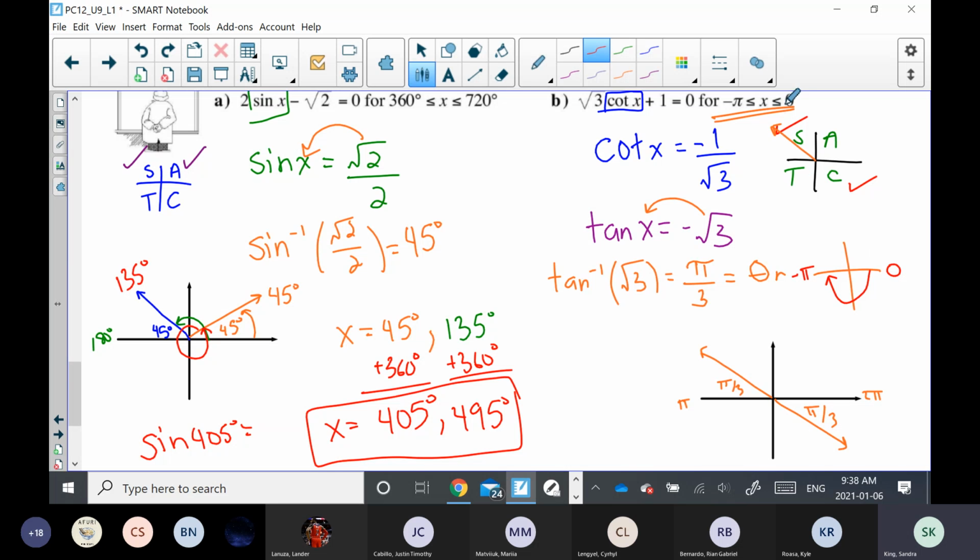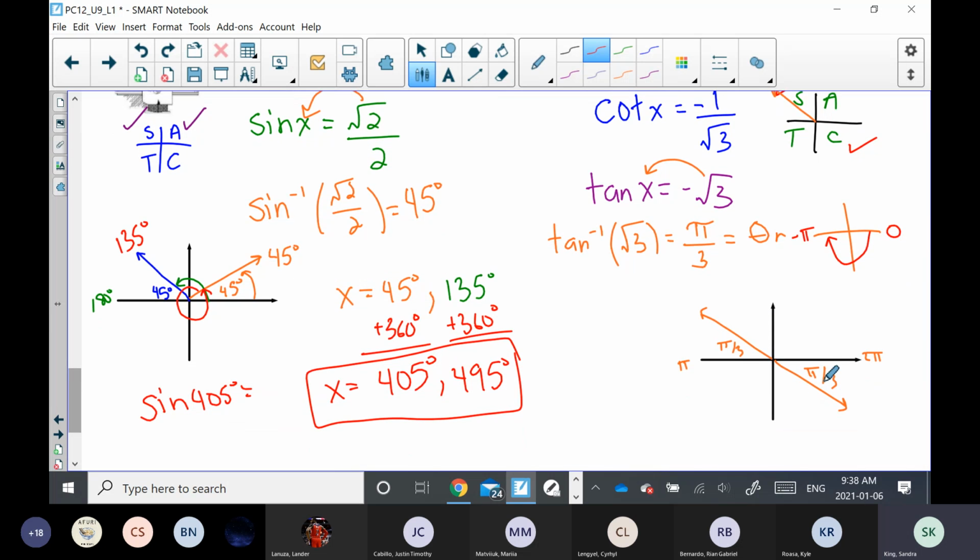So this would be x is less than 0 and greater than negative pi. They only want a solution there. So if I look at where my 2 solutions were, my 2 solutions were here and here. This they don't want. They only want this solution here.